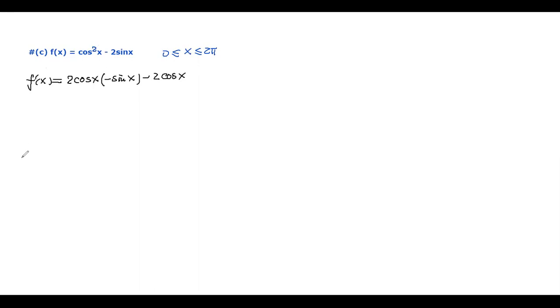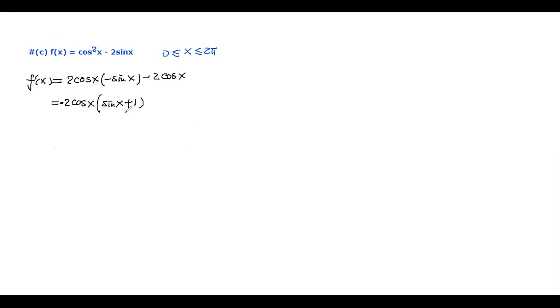Okay, then try to combine the factors to see if we can get any idea. So here 2 cosine x, oh, that's a good choice, right? I can take the cosine x out. And the cosine has a negative, so let's take the negative out also. Then here we have sine x plus 1, right?